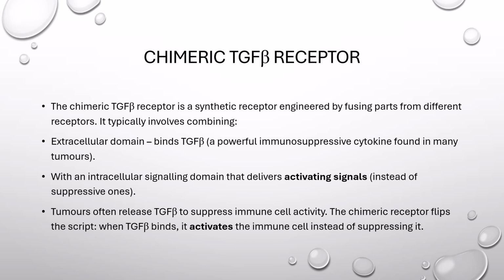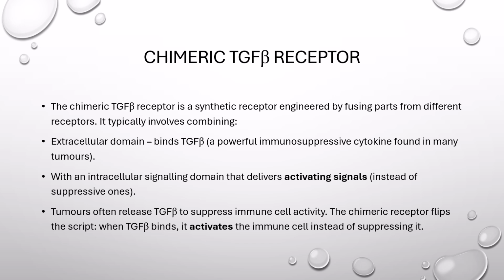And so the strategy is to reverse that. So instead of deactivation, the TGF beta receptors have been combined with an intracellular signaling domain, and that intracellular domain signals as opposed to suppresses.